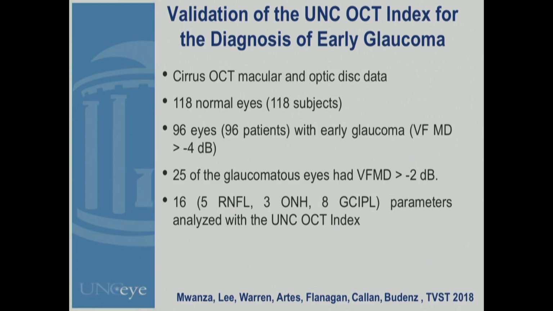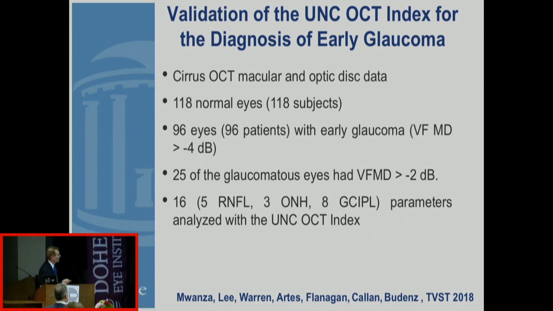And we've just validated that in an independent data set of very early glaucomas, all of whom had mean deviations that were -4 or better, and a subset that actually had very early glaucoma of mean deviations of -2 or better.